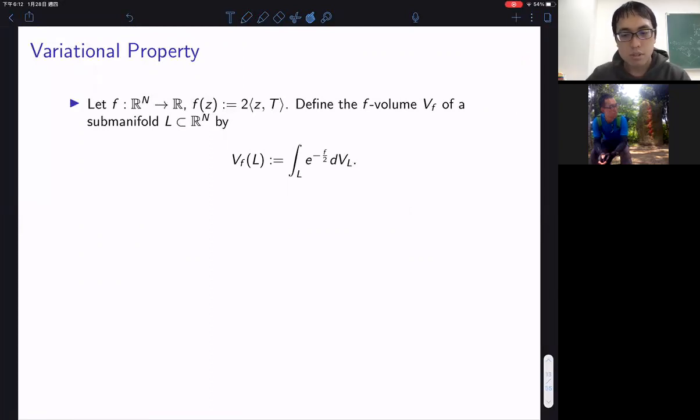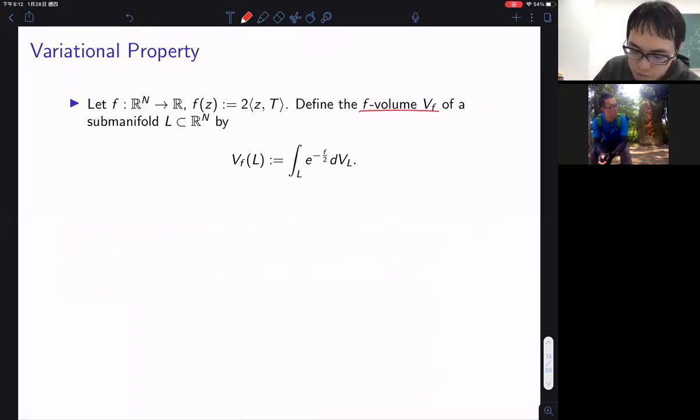Okay, so the translators have some nice variational properties. In fact, if we consider a function f defined by the inner product of the position with the fixed vector T, then we can define a kind of weighted volume V_f.